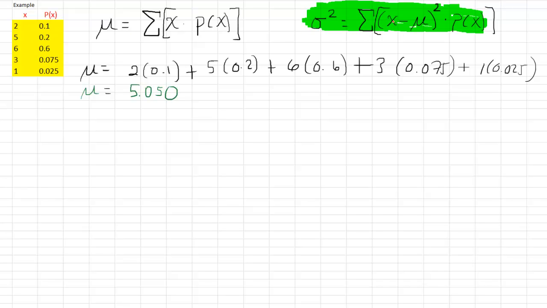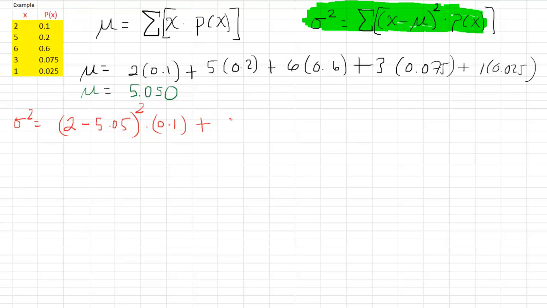In the first case, it will be 2 minus, let me write it out. It's a sum of, so we add them all. It's 2 minus 5.05 squared times, in this case, 0.1.